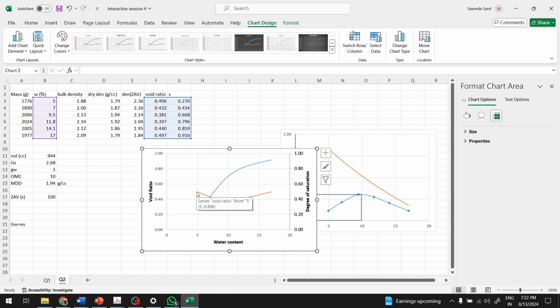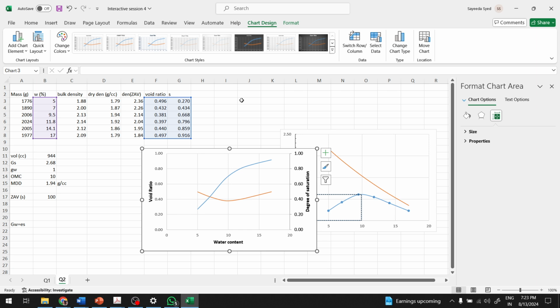Okay. So as you see, as water content increases, the void ratio first decreases and then increases. And as water content increases, degree of saturation just increases, which is what our compaction actually says. See, as water content increases, obviously the saturation will increase. But about the density, as we could see, the density would first increase then decrease.